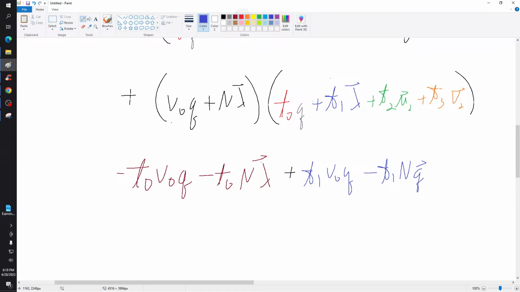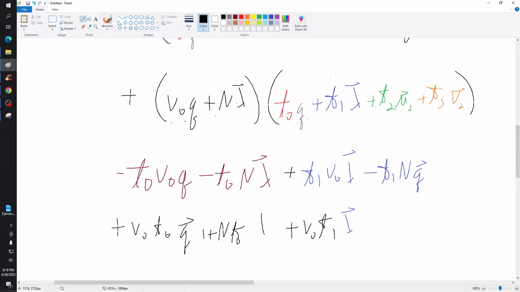Now here, we get the reverse. So we get V null positive, T null, real numbers commute, okay? Q, and then V into T1, we're going to get plus V null T1, Q times lambda is lambda, and I meant to write a lambda here as well. Lambda, okay, and then we get N T null, so we get plus N T null.